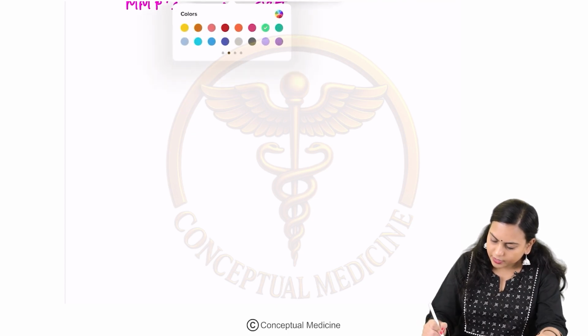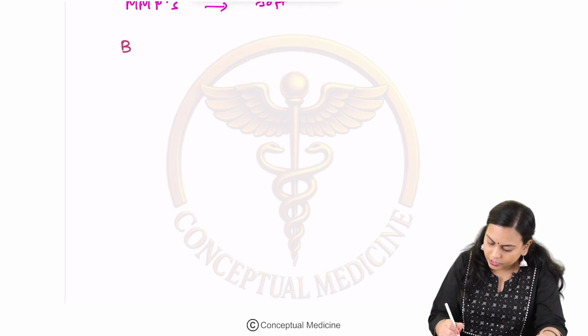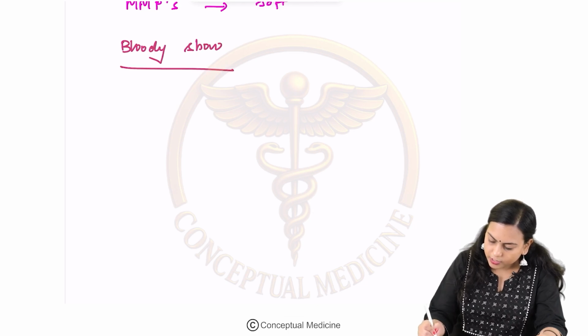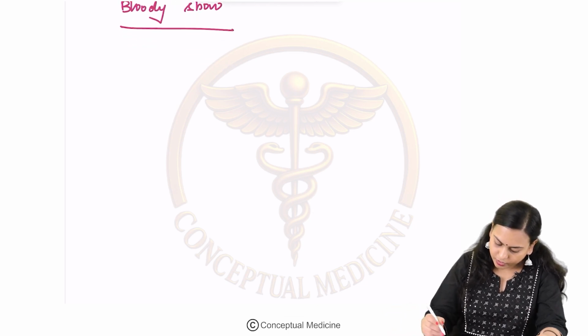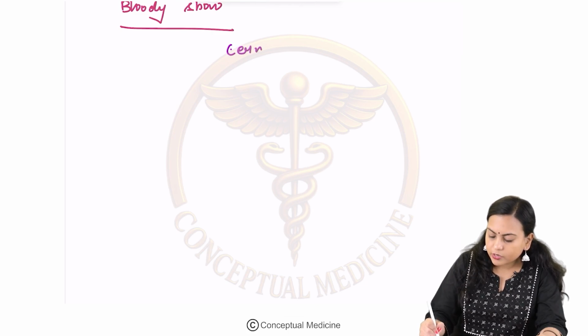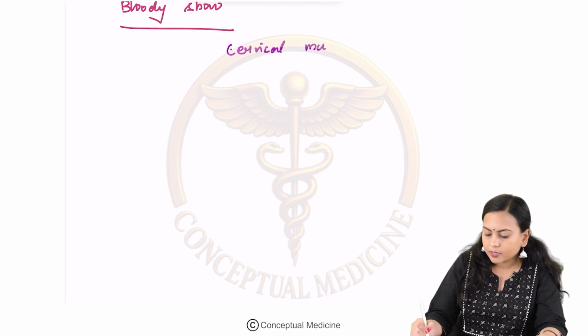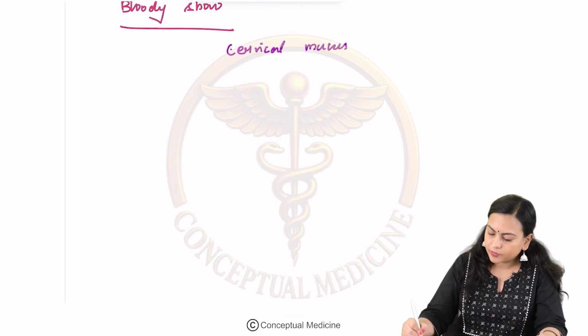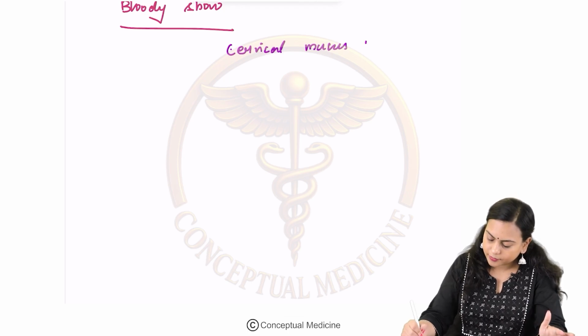And we have something called bloody show also during labor. So, what is this bloody show? We all know there is a cervical mucus plug during pregnancy. It is present all throughout the pregnancy.